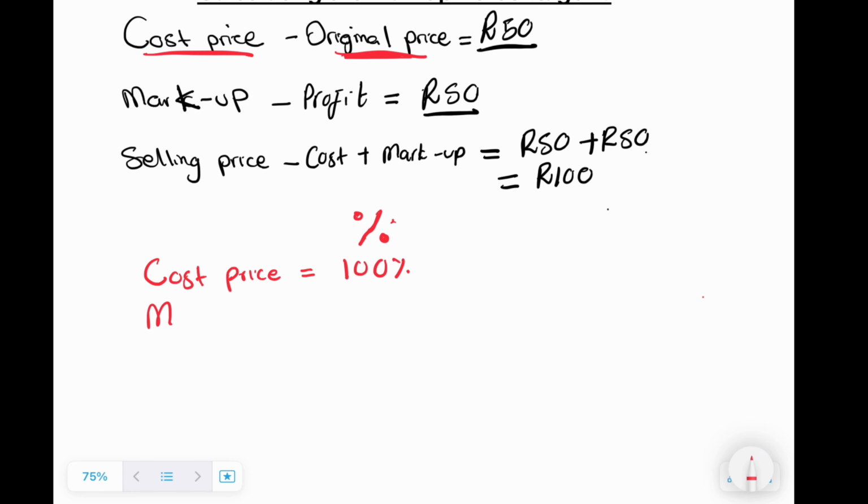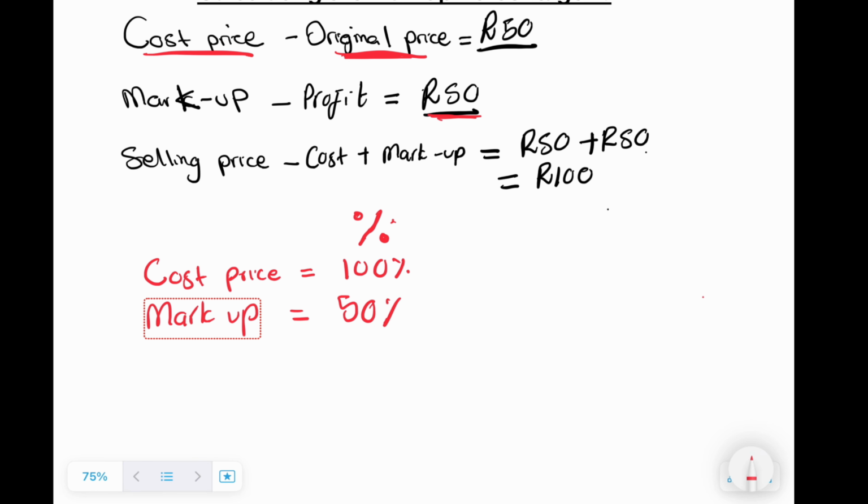And then markup, just like we said with this 50 rands, you will decide as the entrepreneur how much profit you want to make. So someone might decide that, you know what, I want to make a profit of 50%. Let's say, for example, when I sell these calculators or whatever it is that you're selling, you want to make a profit of 50%.